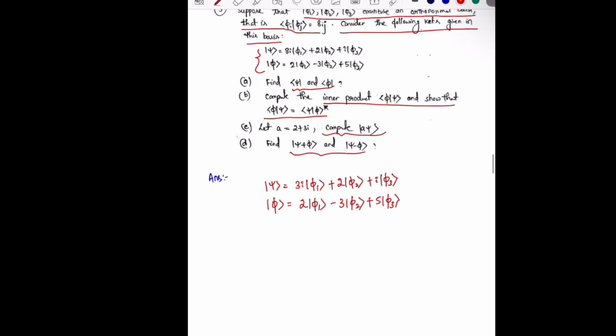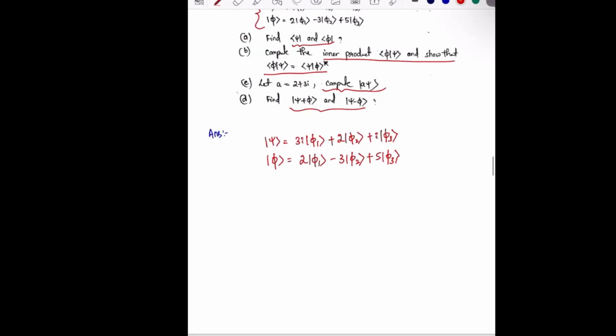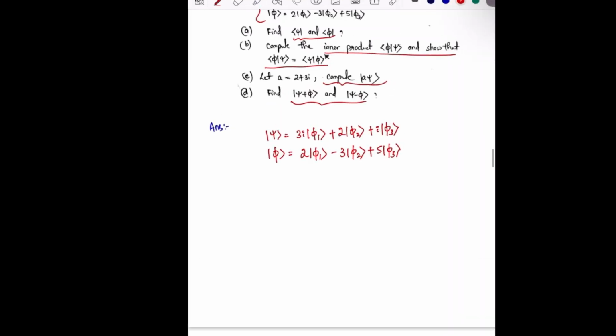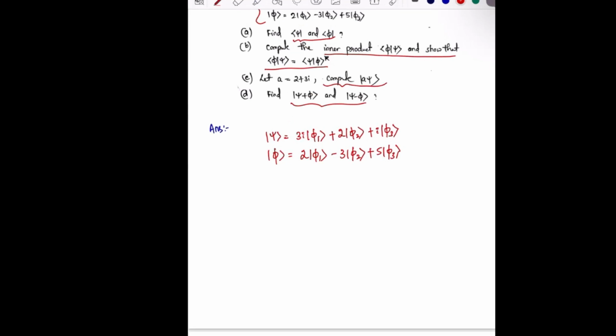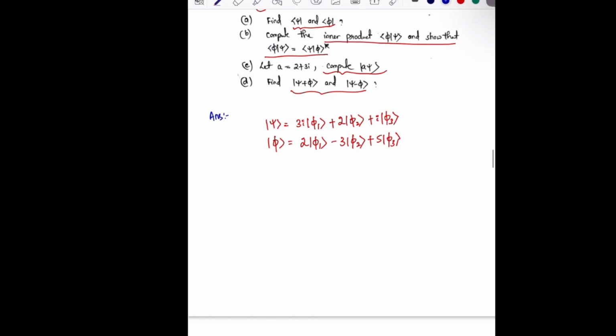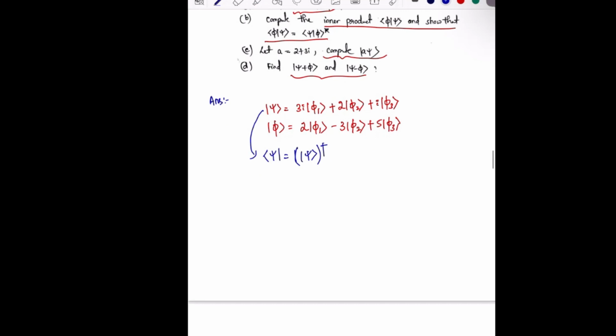So, okay. I think in my previous problems I have told you about the bra vectors many times. So now this is given to you, psi. You want to find out what will be the bra vector of this state. So this is nothing but the dagger of the ket vector psi.